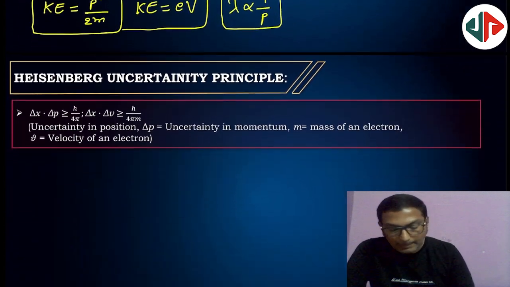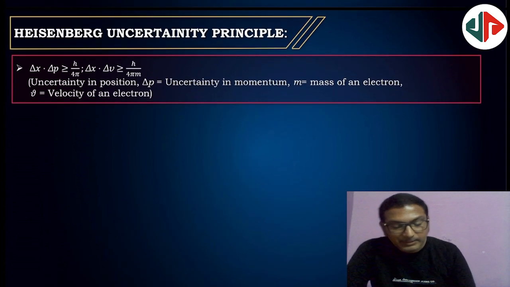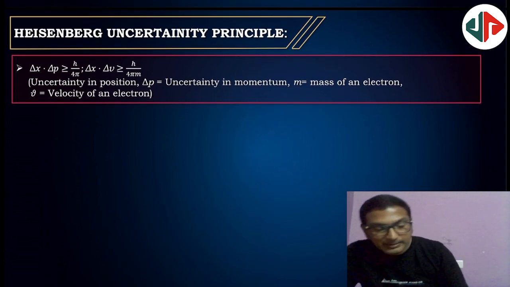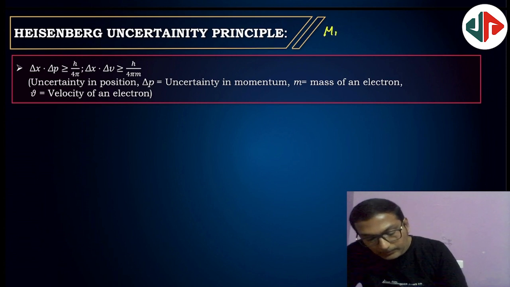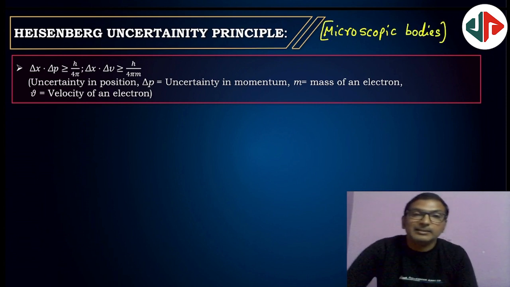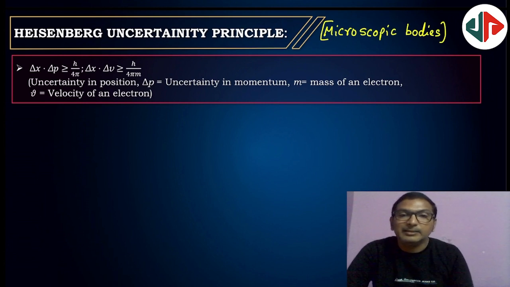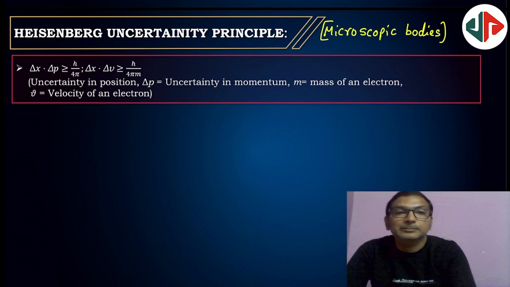Next, Heisenberg uncertainty principle. This is also applicable to microscopic bodies, that means material particles: molecules, atoms and subatomic particles.